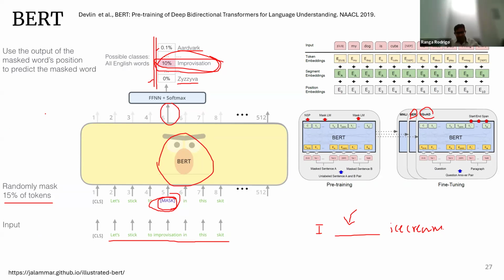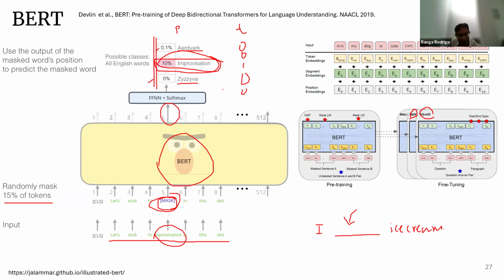That's a good question. So first I'll answer the first question. To find the probabilities, now we know the correct word that must be there, right? So my correct signal is zero probability for this word, zero probability for this word, probability one for this word, zero probability for this word, and so on. So I know the correct one. This is the true one. This is the predicted one. So I find an error between these two.